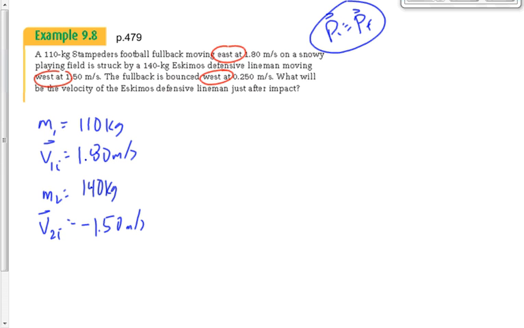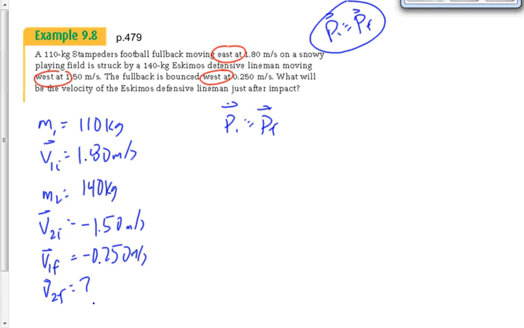The fullback, who's the fullback? Stampeders or Eskimos? That's the Stampeders player, right? So that's going to be V1F. V1F is negative 0.250. I'm not going to forget the negative because I circled that. And we're looking for V2F. What do we got? Two objects, M1 V1 initial plus M2 V2 initial.